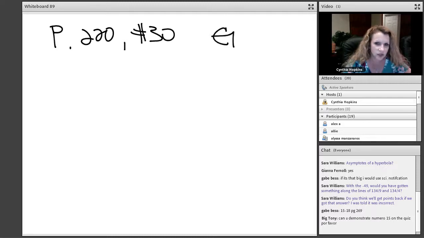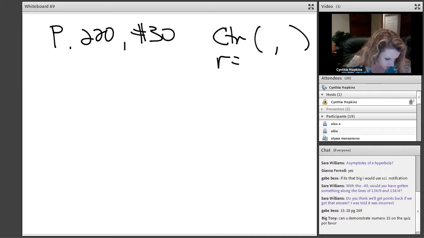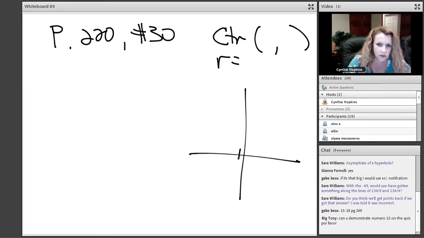We need the center, and we need the radius. All right, so they have given us the point negative 5, 5. And the point 3, negative 1.